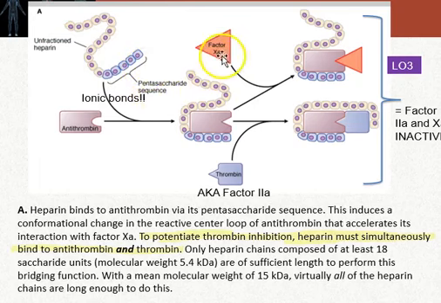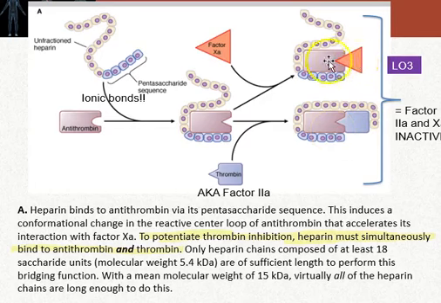Okay, and then here is the patient's own endogenous protein. So here's the patient's endogenous antithrombin, and here's the patient's endogenous factor 10A, and here's the patient's endogenous thrombin, also known as factor 2A. And so all this molecule does is it kind of wraps itself around these two proteins, okay, and basically facilitates their binding.